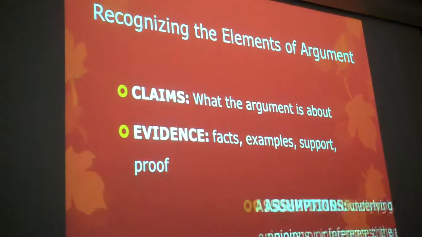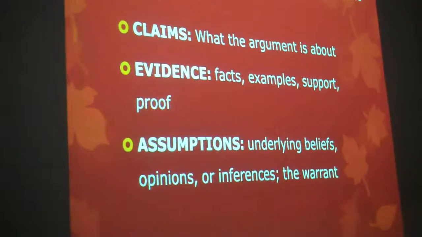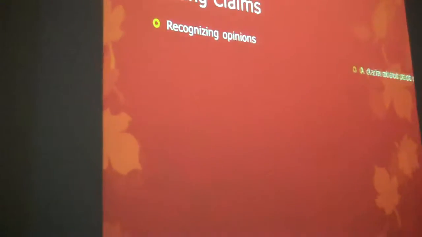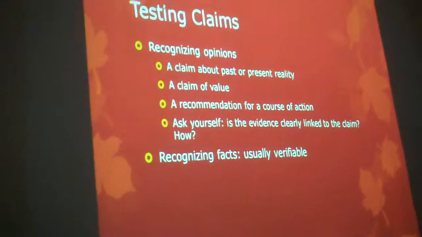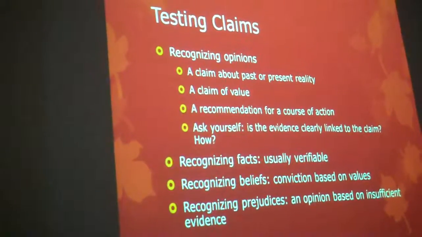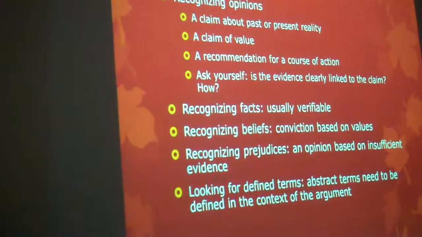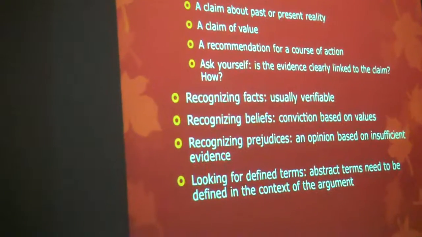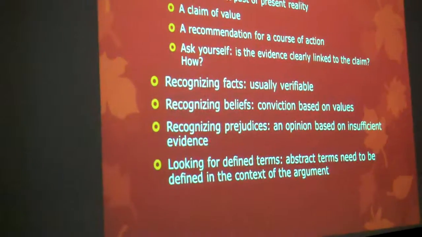Okay, so basically, you've got claims, evidence, and assumptions, which are elements of argument. And then it talks about how to recognize them and test them. How to tell the difference between opinions, facts, beliefs, and prejudices. And then how the author defines a term versus how the dictionary defines a term.